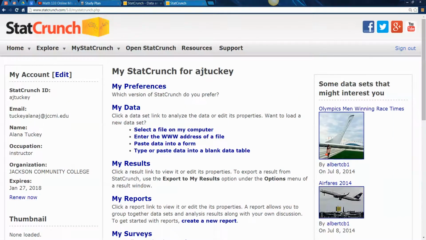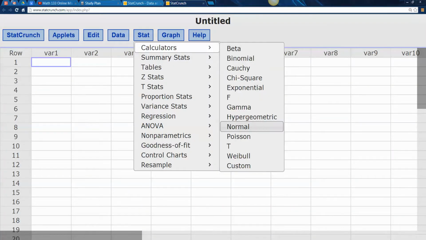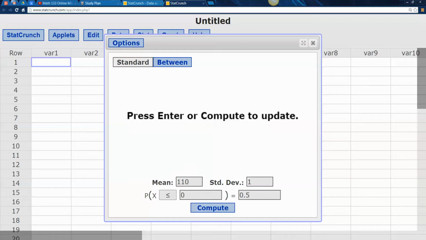So let me pull up StatCrunch. Go to Stat, Calculators, Normal. All right, the mean was 110. Standard deviation was 40. Now remember, keep these two straight. This part inside the parentheses, that's the vertical bar, and this part over here is the area. Well, we have the vertical bar, it's 120, but I want to be longer than 120.